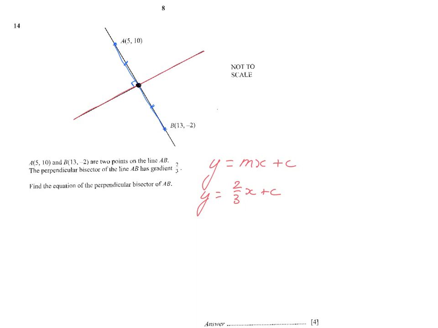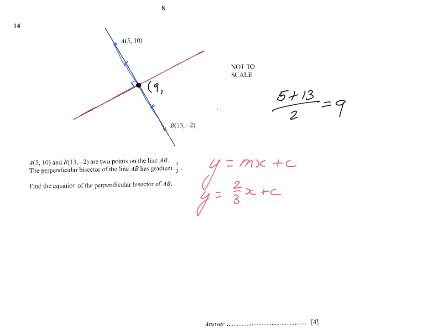So how can I do that? Well, that midpoint, what is the midpoint of AB? Well, the x-coordinate is going to be exactly between 5 and 13. Now, what lies exactly between 5 and 13? How do you calculate that? You do 5 plus 13 divided by 2. So it's 18 divided by 2, that's 9.